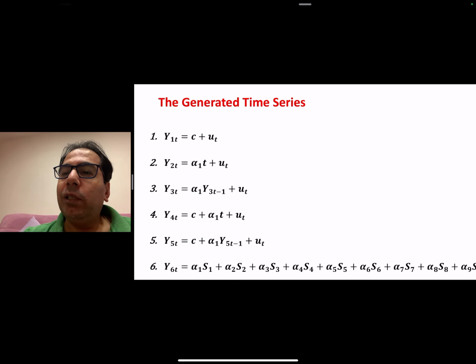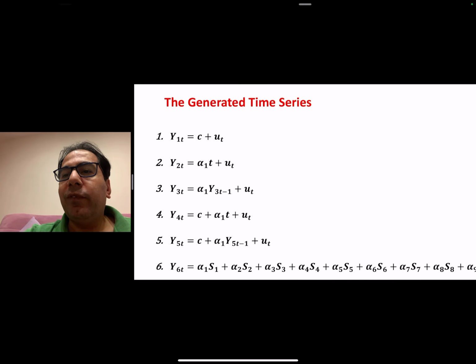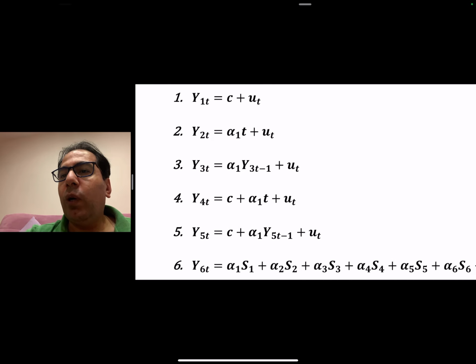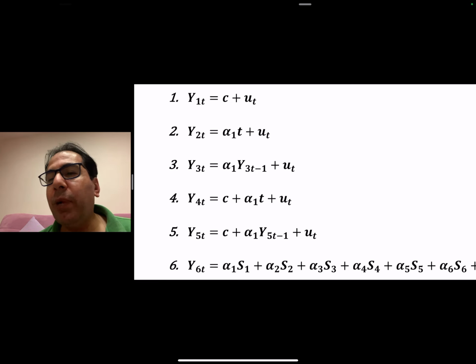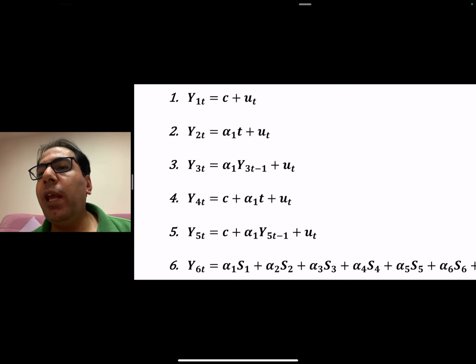The first model is a very simple, basic model, and the second one has a time trend with white noise. This type of model we come across a lot in daily life. The third model we considered is another type we come across a lot in practice, having a stochastic trend, y_{t-1}, and no constant.